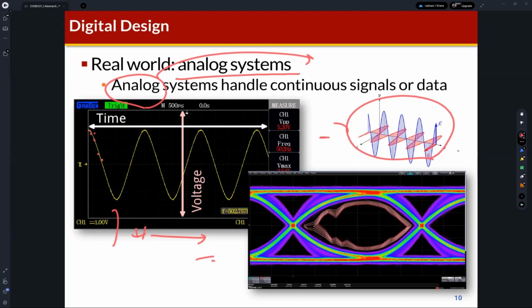It's the real world. I repeatedly say real because the analog system handles real world signals.